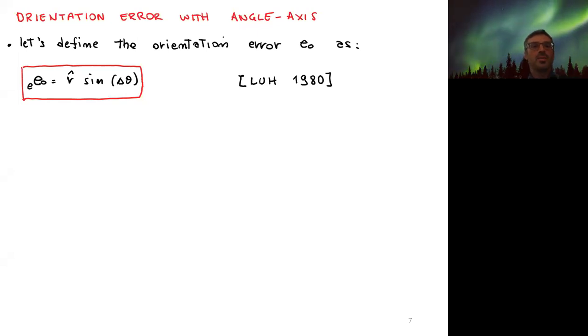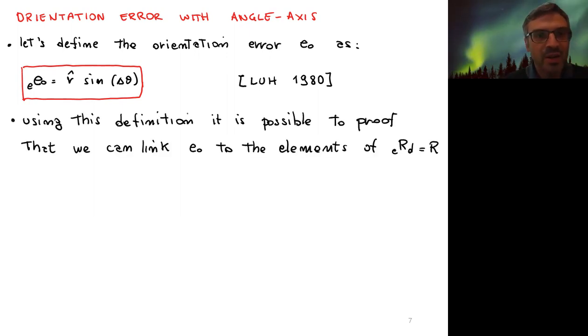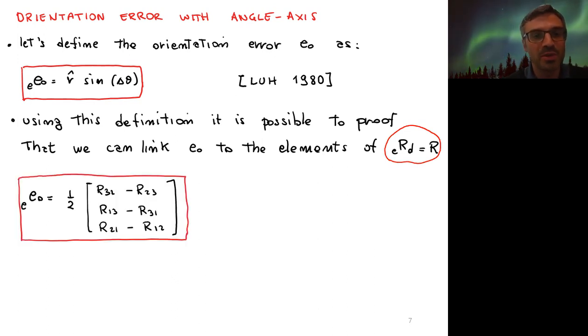So you could define the orientation error just as r delta theta. But if you use this specific way of defining the orientation error, it's possible to prove that we can easily link the orientation error to the elements of the relative rotation matrix that we just computed. And the relationship is this one.